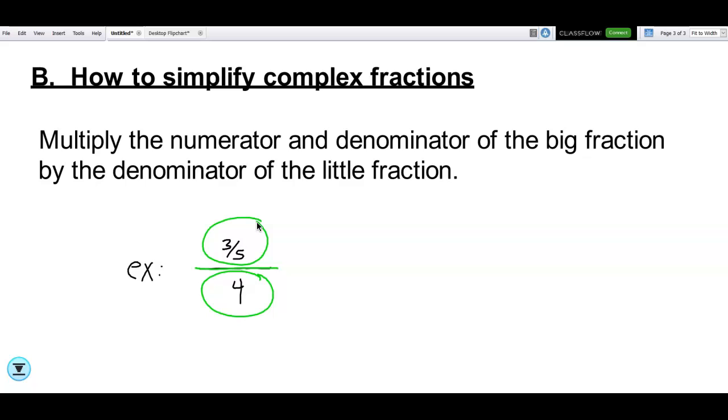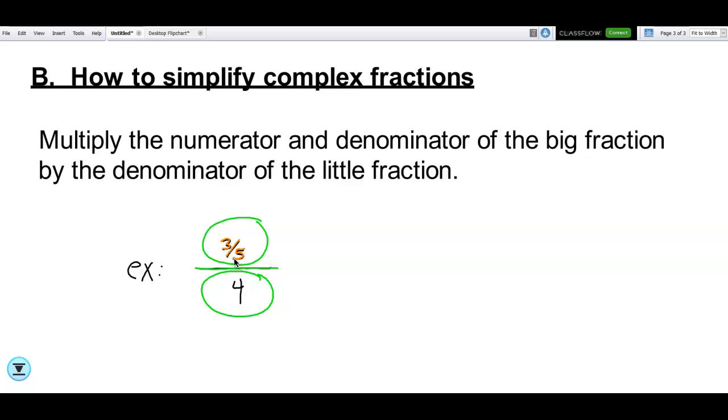So we have a big fraction here where the numerator is 3/5 and the denominator is 4. We also have a little fraction. The little fraction is the one that's inside of the numerator here. I'm going to color code that as orange. So my little fraction is the orange one there. It's 3/5. Okay?